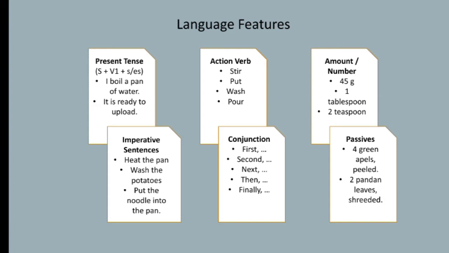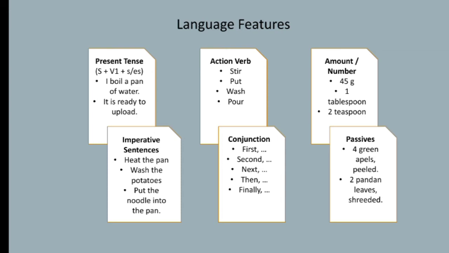The imperative sentences are heat the pan, wash the potatoes, and put the noodle into the pan. And then we have the conjunction. Conjunction is first, second, next, then, and finally. And the last one is the passive. Passive is 4 green apples peeled and the 2 pandan leaves removed.